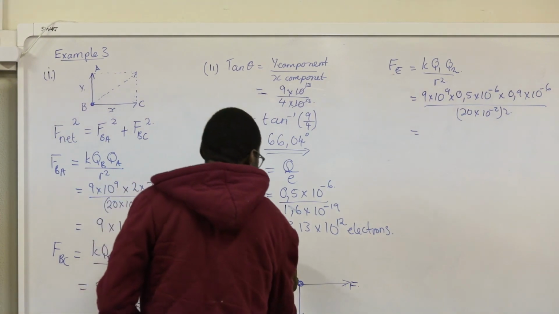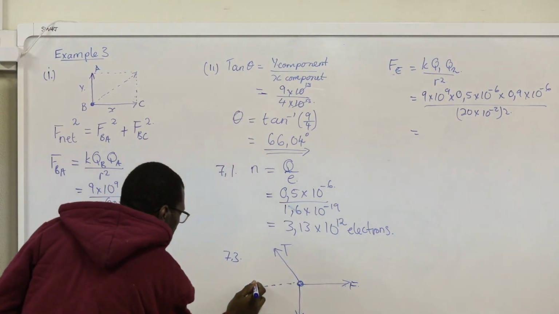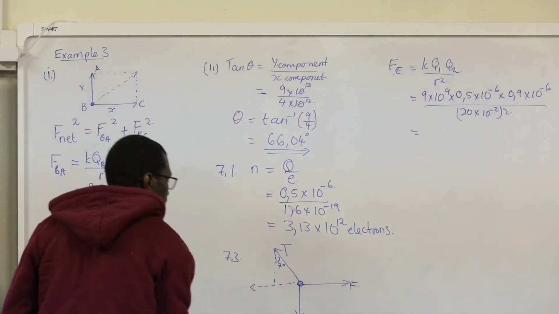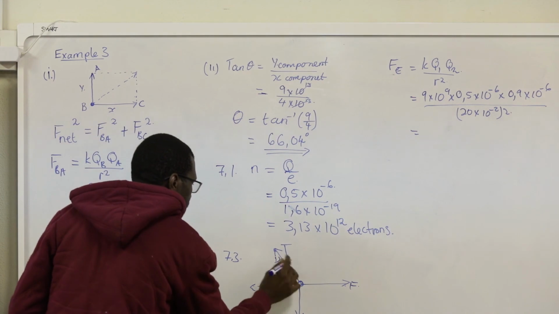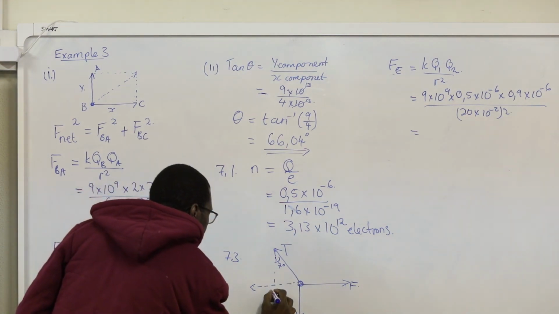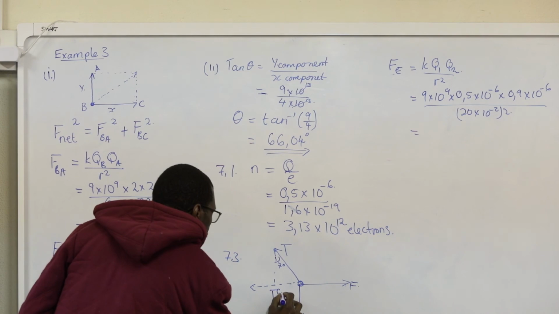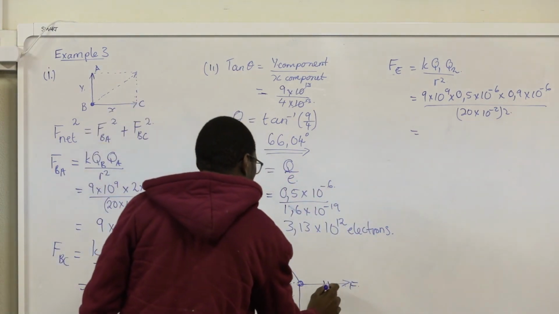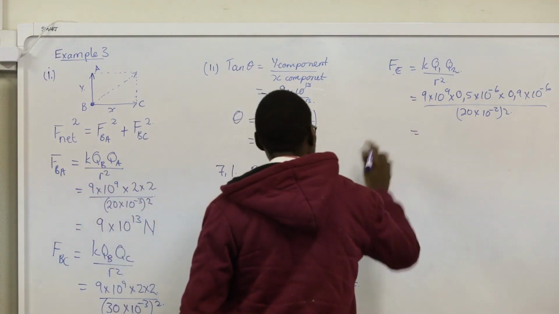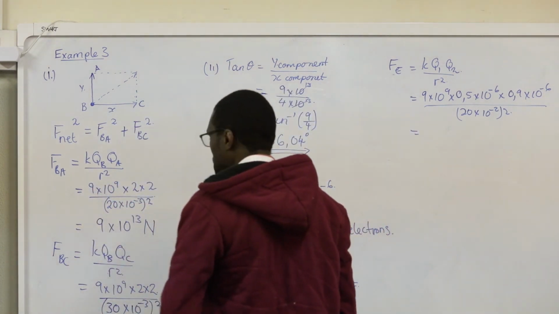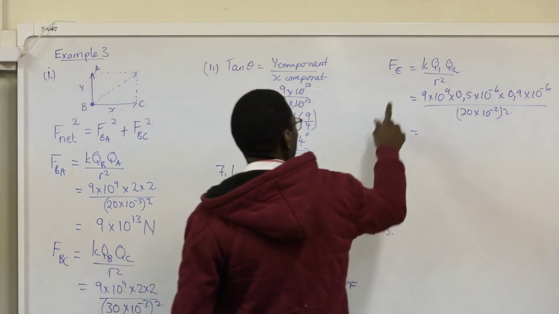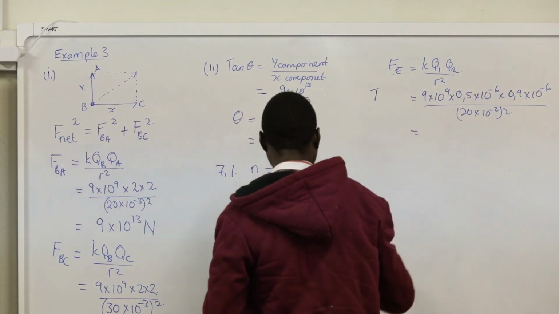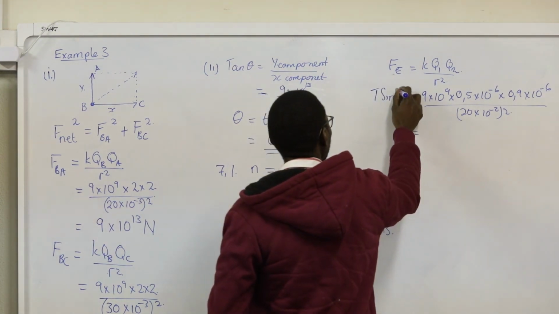Okay? If I am to resolve T in that direction at an angle of 7 degrees, you can agree with me that T resolved will be T sine of theta. In other words, it will be equal to Fe, my Fe that I am calculating here, right? So I am saying that this Fe is equal to T sine of theta.